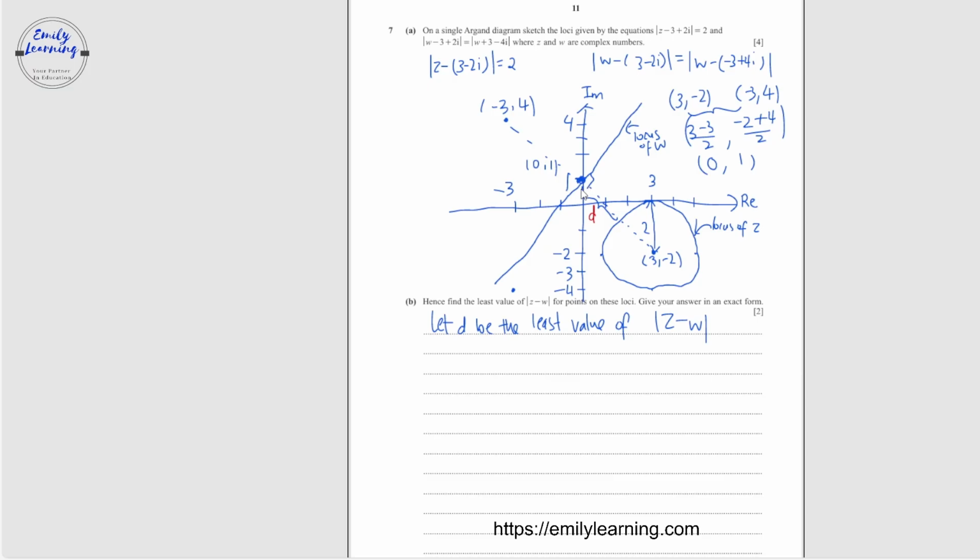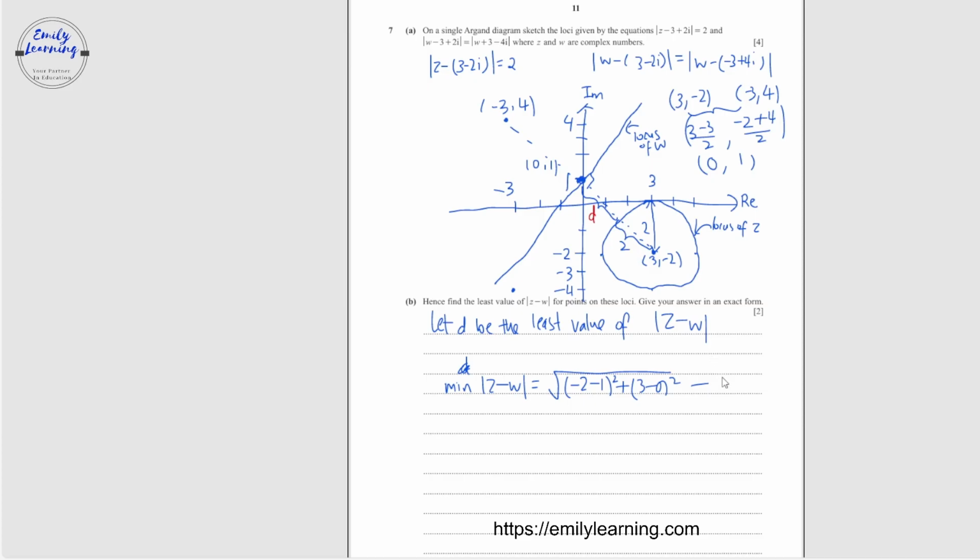Okay, so what I'll do is I will first find the distance between 0, 1 and 3, minus 2. Then I will subtract the radius to find distance D. So the minimum of modulus Z minus W is essentially the distance between these 2 points, which is the square root of y2 minus y1 squared plus x2 minus x1 squared.